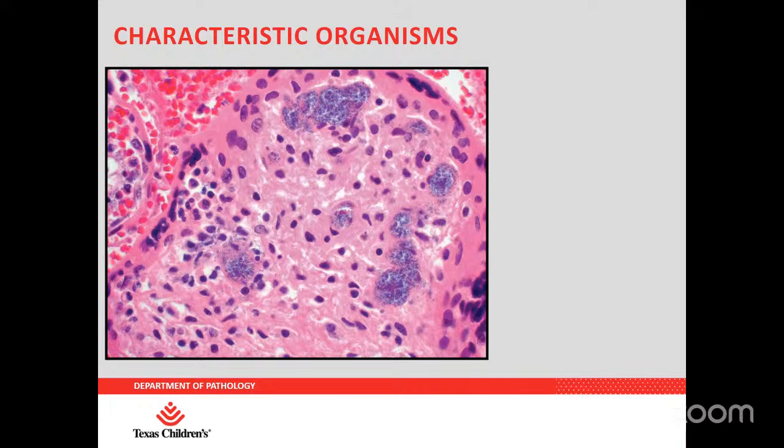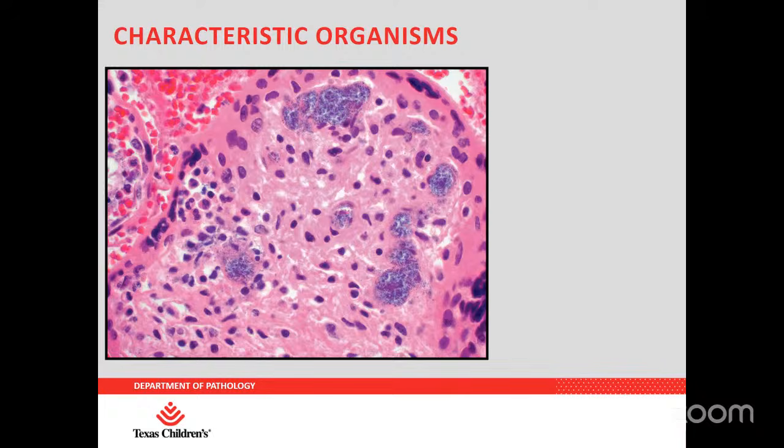Group B strep is a gram-positive encapsulated bacterium that commonly colonizes the genital tract. It's a major cause of ascending intrauterine infection, typically following membrane rupture. Placental findings can include high-grade chorioamnionitis, funisitis, and sometimes acute villitis, with dense neutrophilic infiltrates or microabscesses. Bacterial colonies may be visible on H&E, as seen in some fetal vessels in the image on the screen, and Gram stain can be used as well.